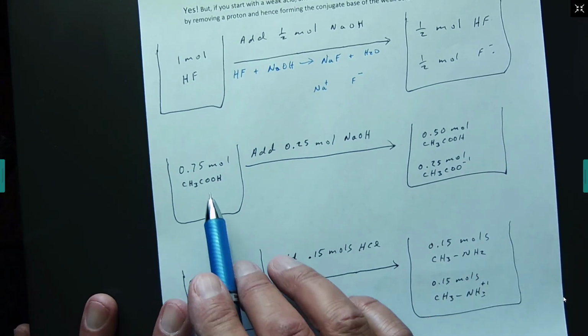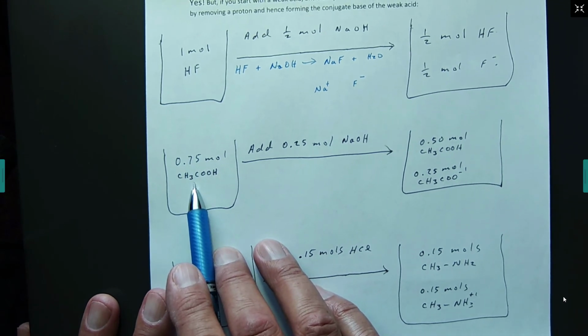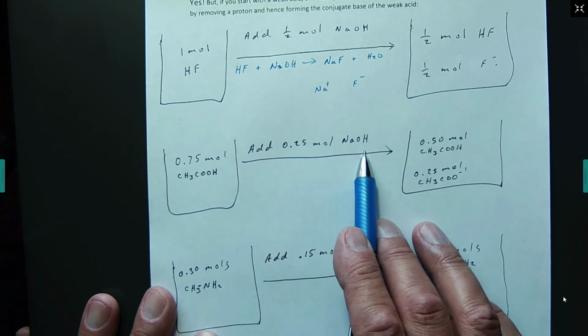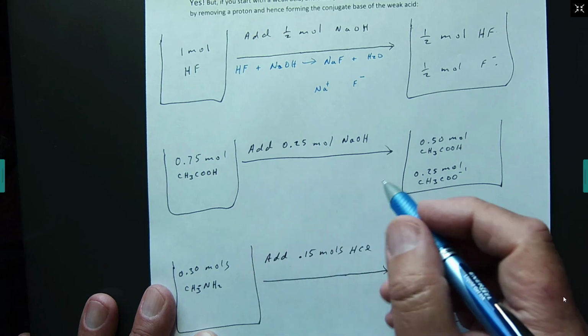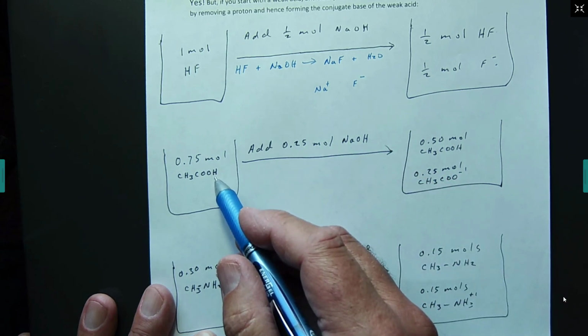Let's say I start with 0.75 moles of acetic acid, and I add 1/4 of a mole of sodium hydroxide. Same thing. The sodium hydroxide is going to react with the acetic acid.